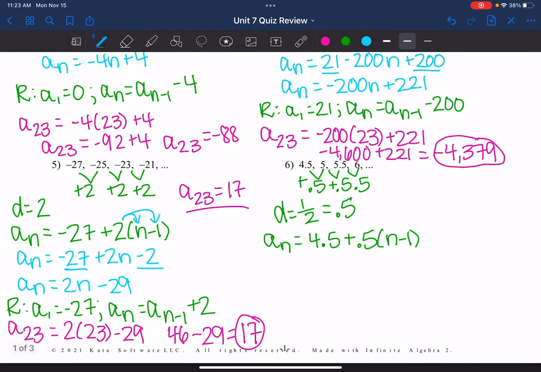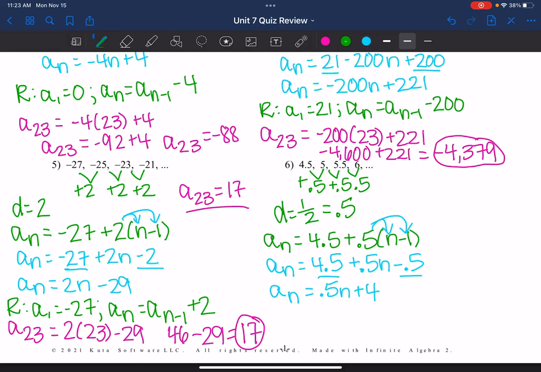Then when I simplify, I distribute, and I get a sub n equals 4.5 plus 0.5n minus 0.5. When I simplify by combining my like terms, I get a sub n equals 0.5n plus 4, because 4.5 minus 0.5 gives us that 4.